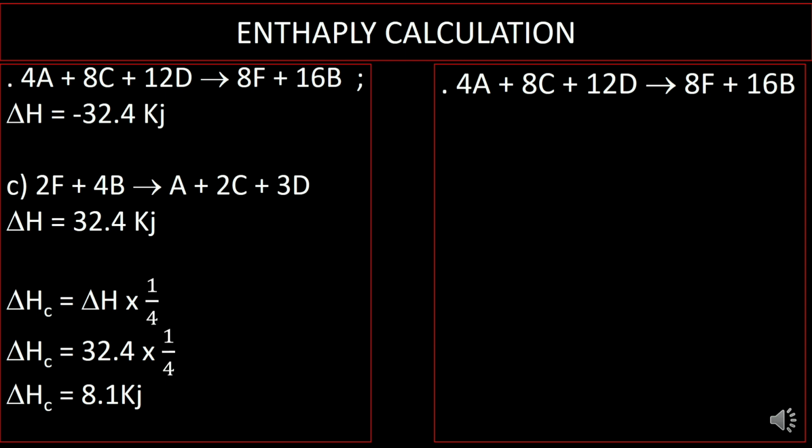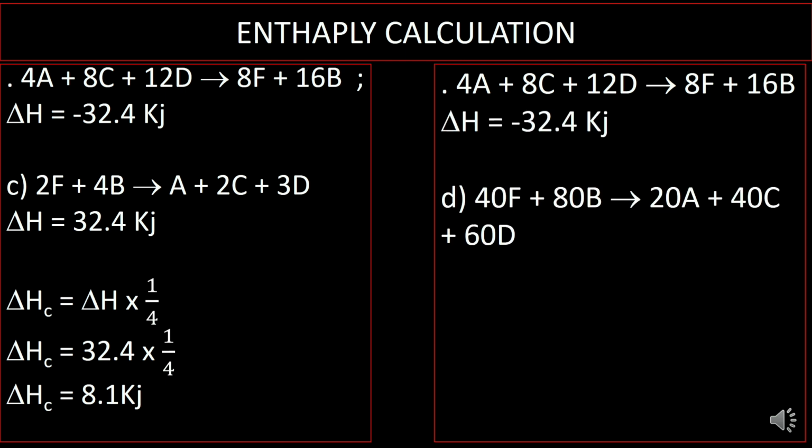Let's look at question D. Question D is 40F plus 80B, then the product is 20A plus 40C plus 60D. This is also the reverse of the general expression, but not exactly the reverse. The product of the general expression is the reactant, and the reactant of the general expression is the product, times something.